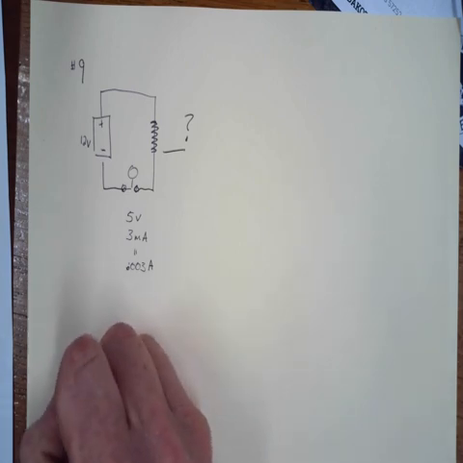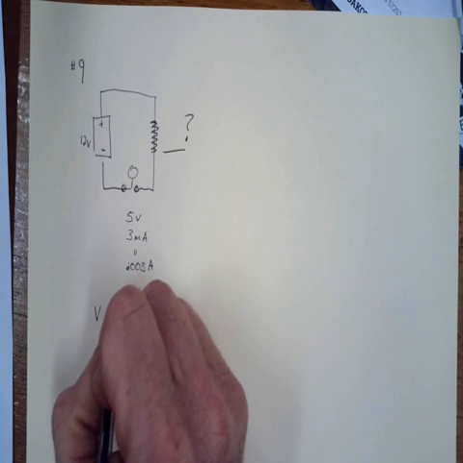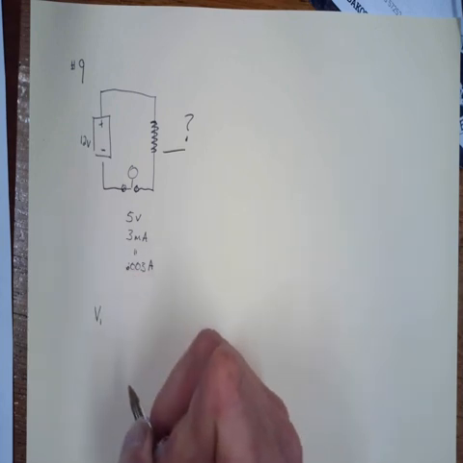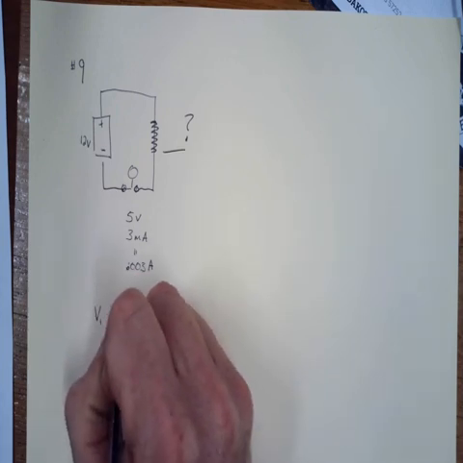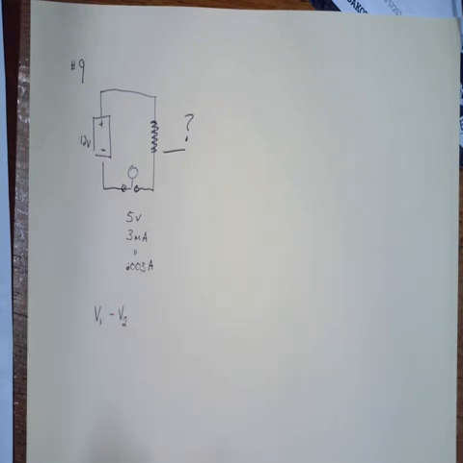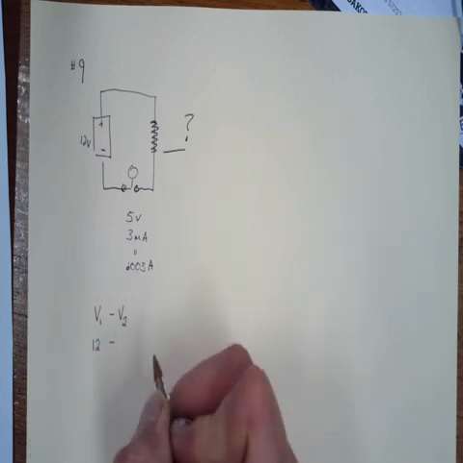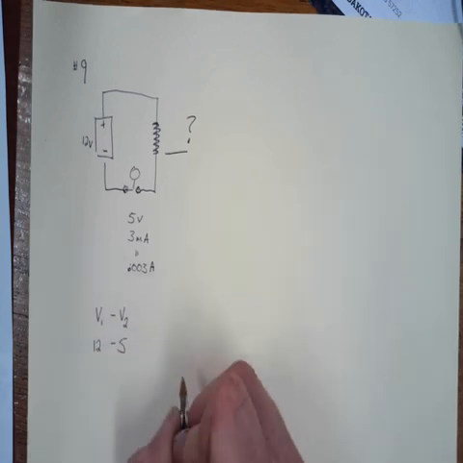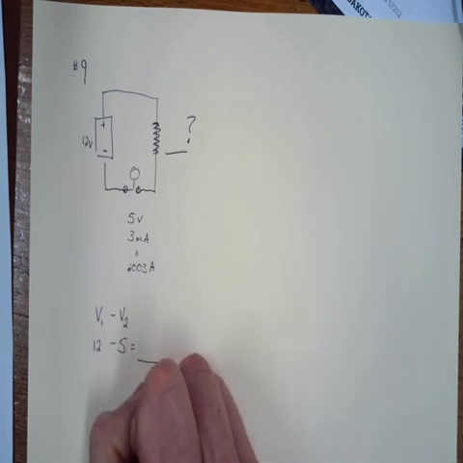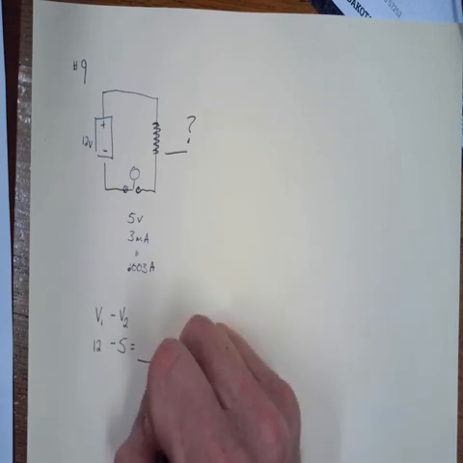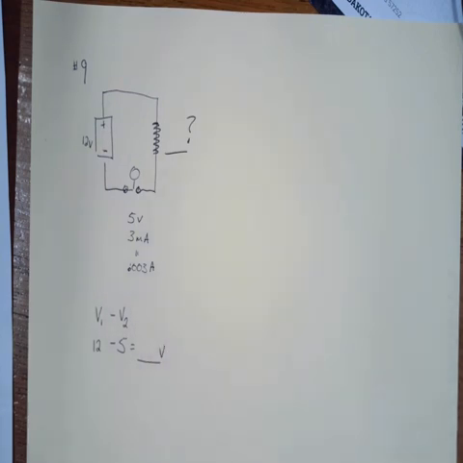And the way to do that is take your voltage. I'm going to call voltage 1 minus voltage 2, and that is going to be 12 volts minus 5 volts. And that will give us the voltage needed to run Ohm's law through.